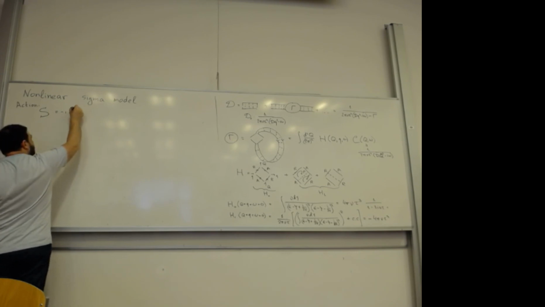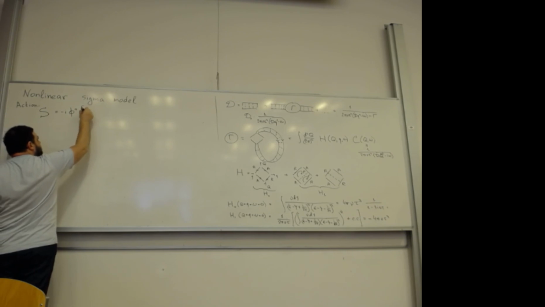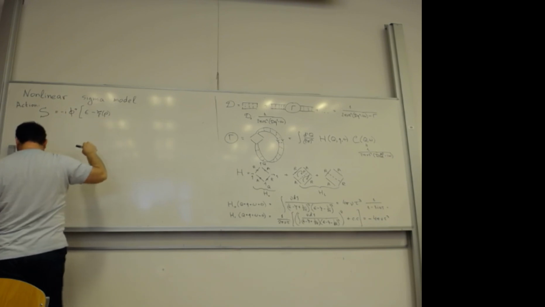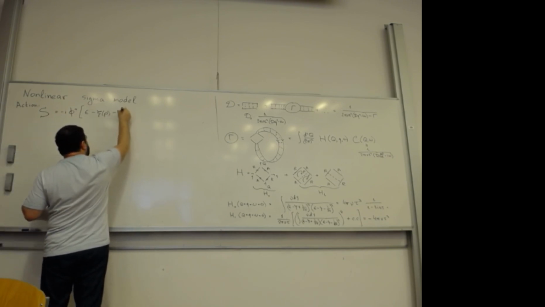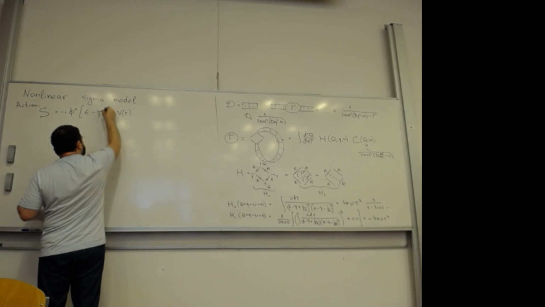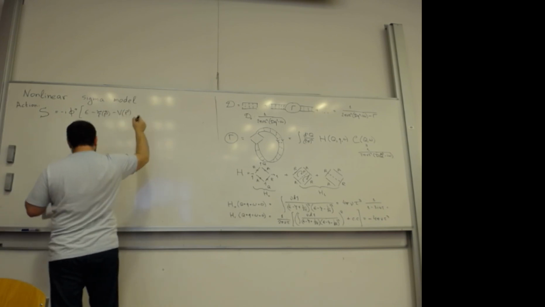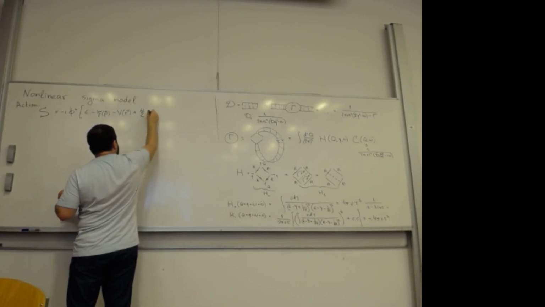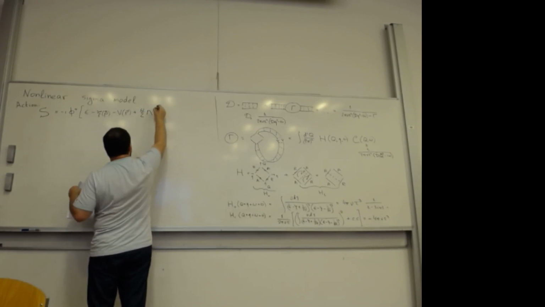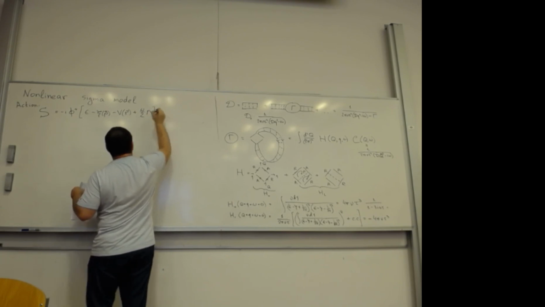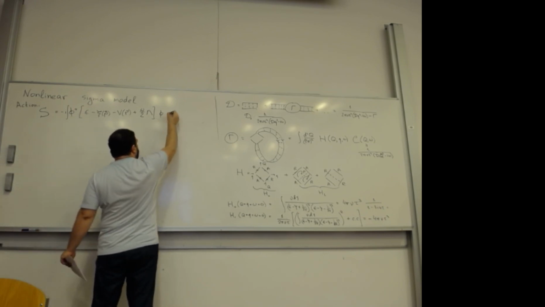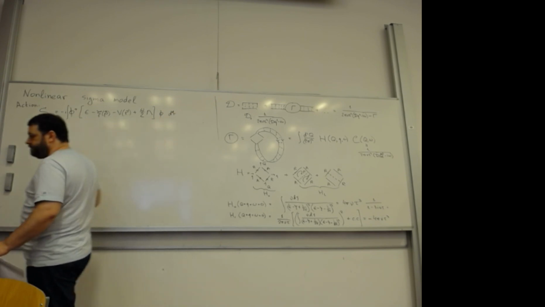So psi dagger, epsilon minus the Hamiltonian, psi, plus omega over 2 lambda times phi, integral over space dr. This is the action.